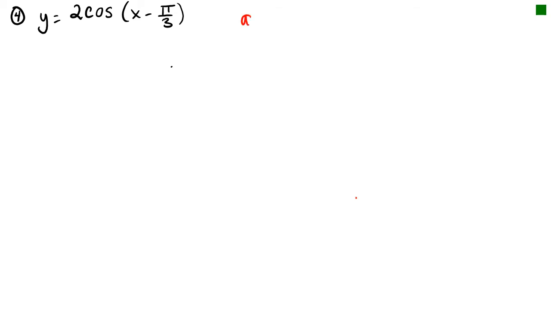The amplitude is 2. The period is going to be 2 pi over 1, which is 2 pi. There's no vertical shift because there's nothing on the outside. Oh, I skipped horizontal. That's all right. We'll come to it right now.